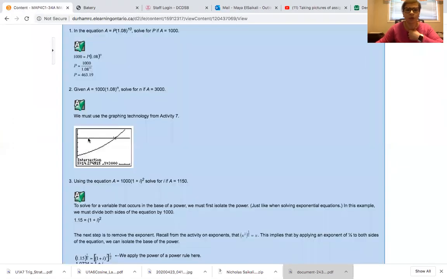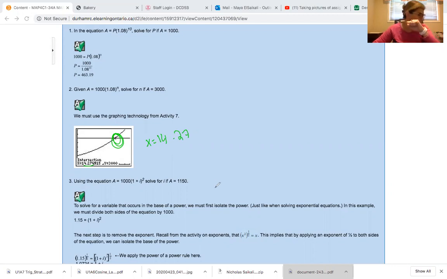Okay, so when you graph this, this point here, that's going to be 14. So x is equal to 14.27. You see it here. All right.